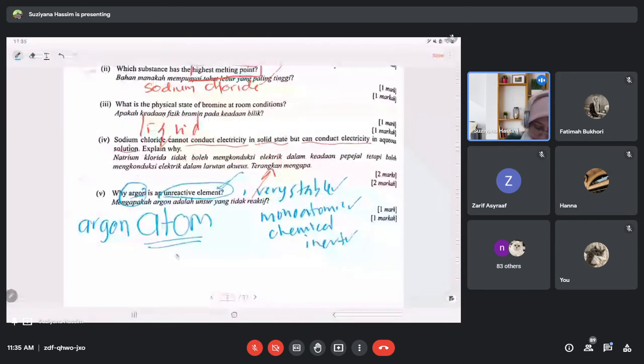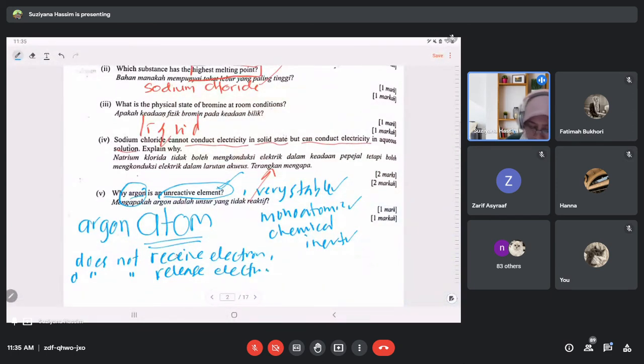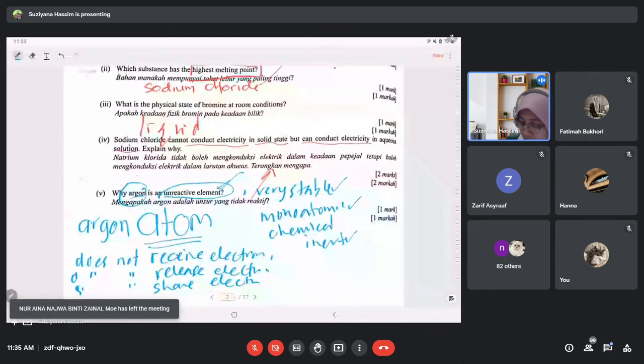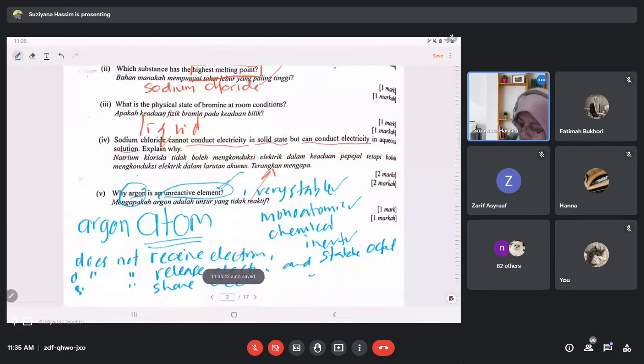So argon atom does not receive electron, does not release electron, does not share electron and has stable octet electron arrangement. If you don't write the atom here and you just mention stable arrangement, there are no marks.